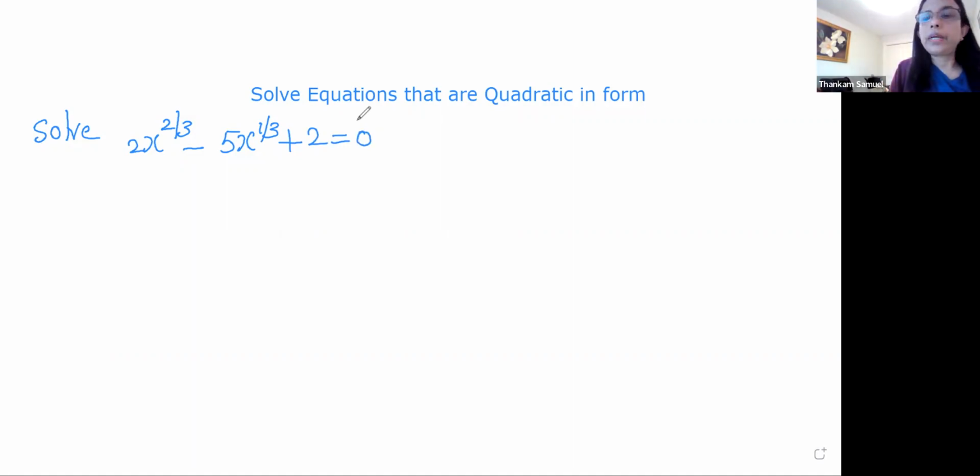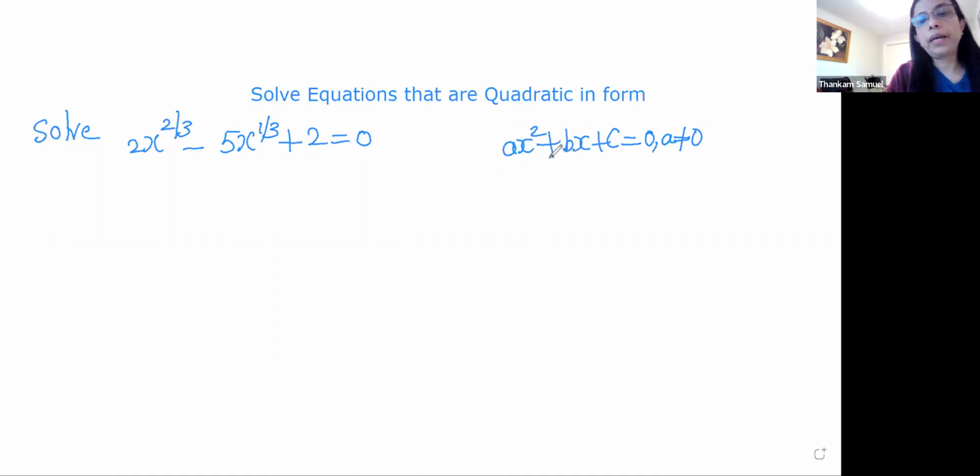So the general form of the quadratic equation is ax² plus bx plus c equals 0, where a should not be equal to 0. So we need to rewrite this given equation in this format.